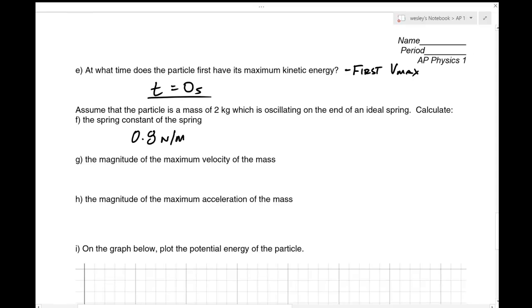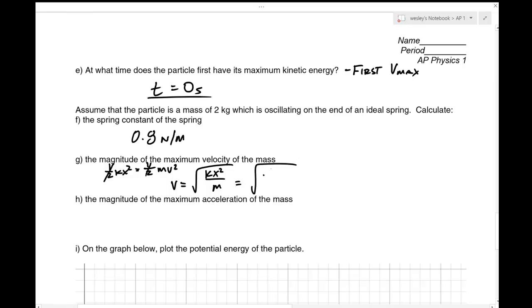The magnitude of the maximum velocity, we've done this before, but this is just an energy problem now. So the maximum potential energy, 1/2 kx squared, is equal to the maximum kinetic energy, 1/2 mv squared. Halves go away, and the velocity is the square root of kx squared over m.